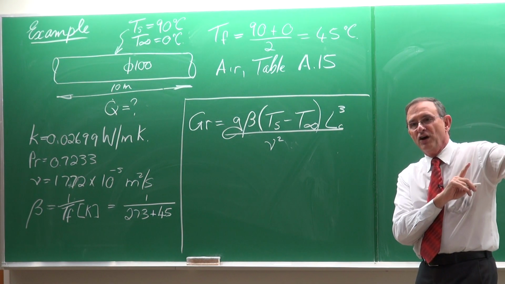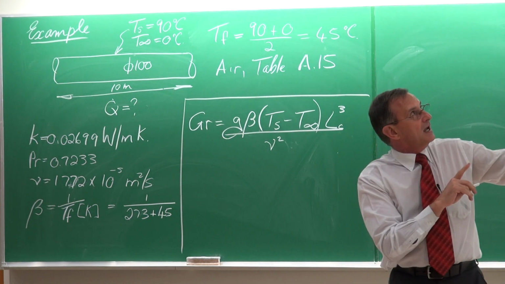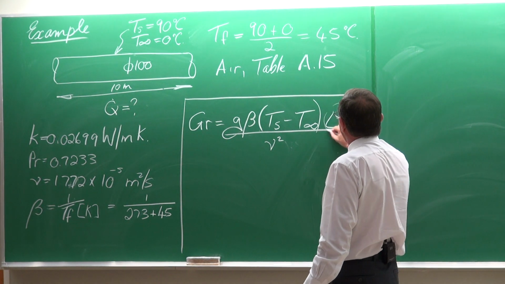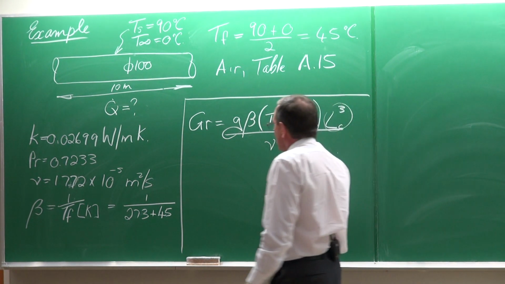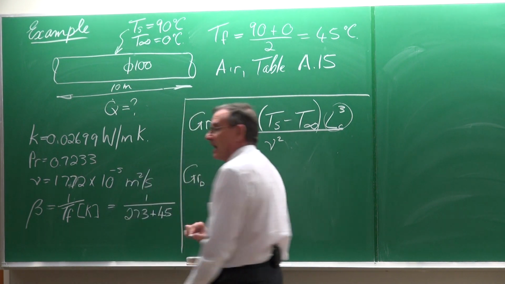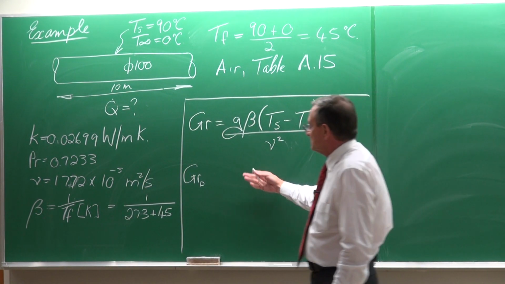We need to look at the fine print, and if we look at that table, we can see that the characteristic length is defined as the diameter in this case. So let's calculate the Grashof number based on the diameter. That is why I'm using the subscript.